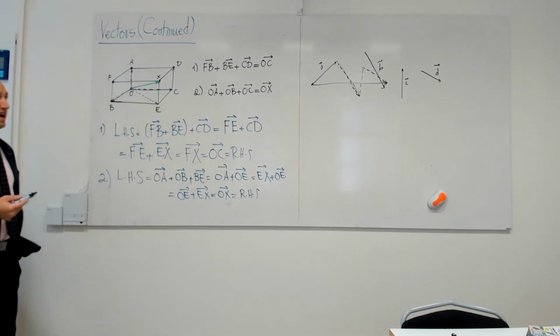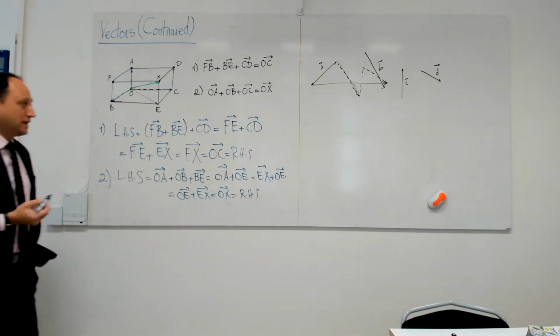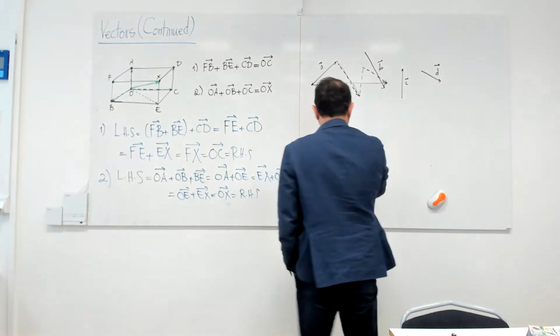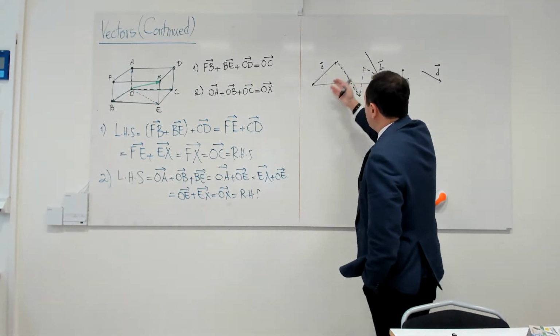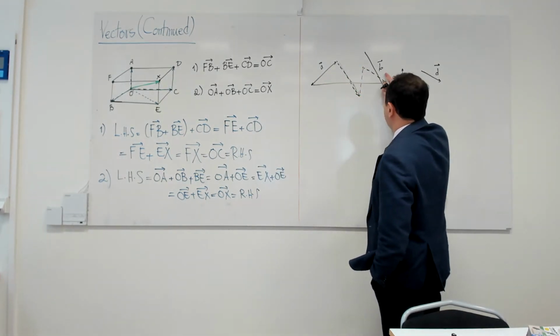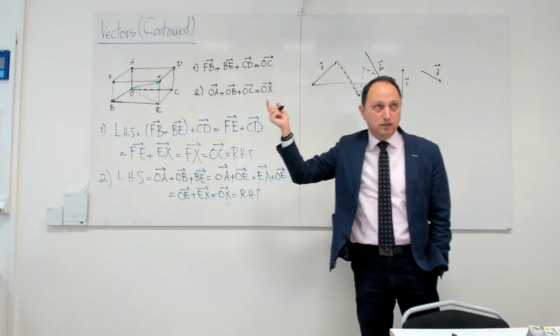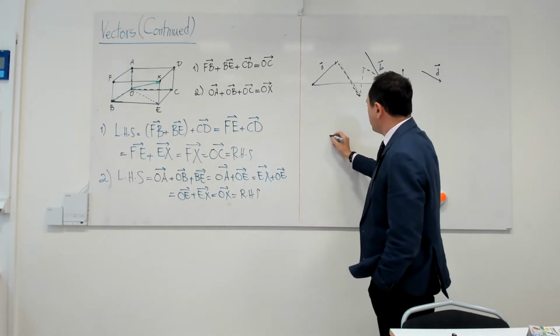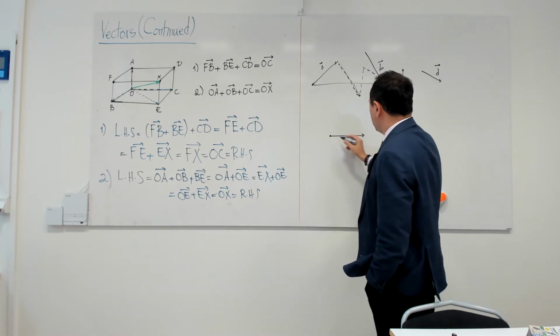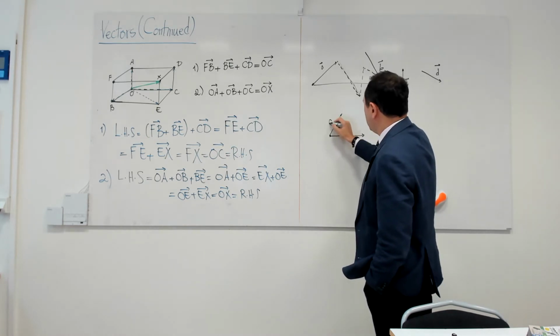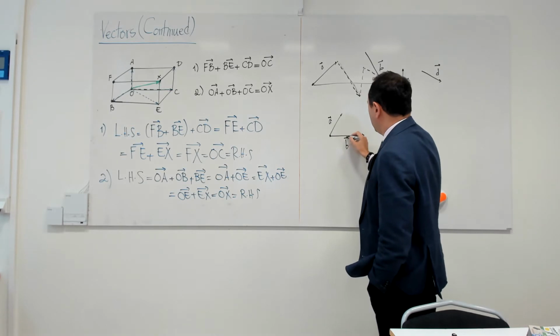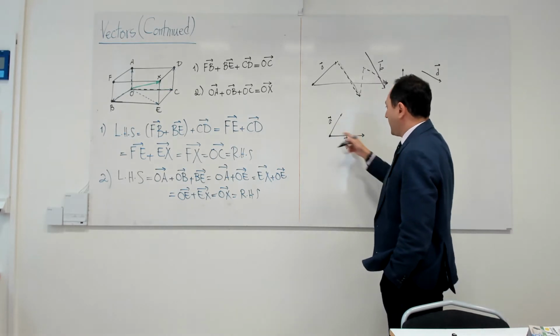Probably you have seen that mostly in physics. What happens if I have two vectors? The usual way of adding vectors is that you start the second vector from the final point of the first vector. But what happens if I have two vectors like this, A and B? This usually happens in physics.